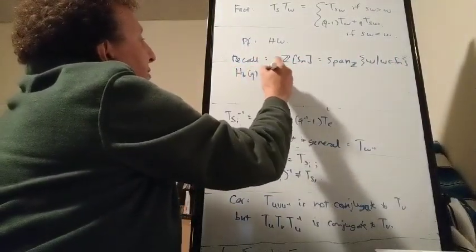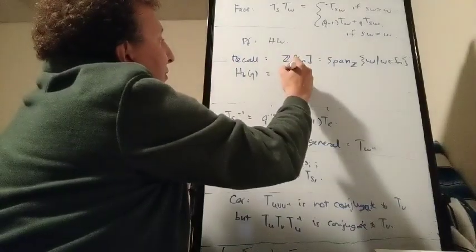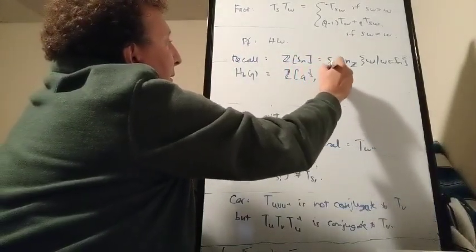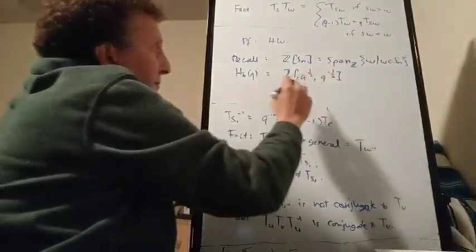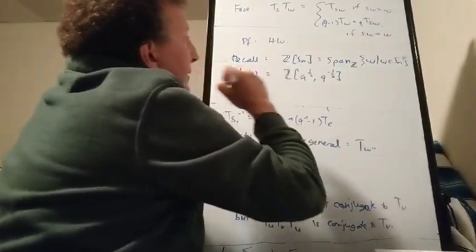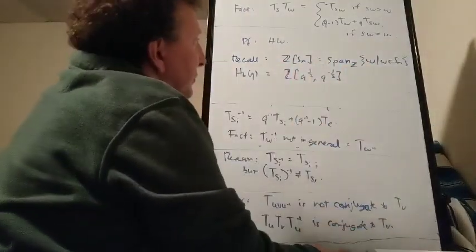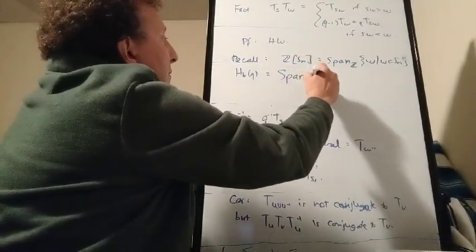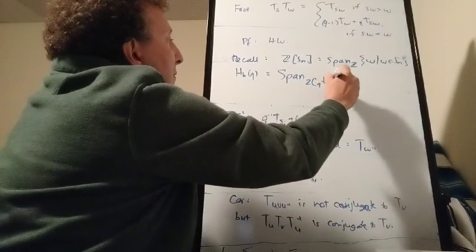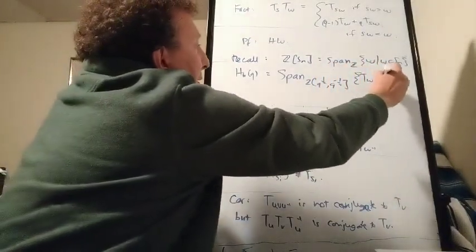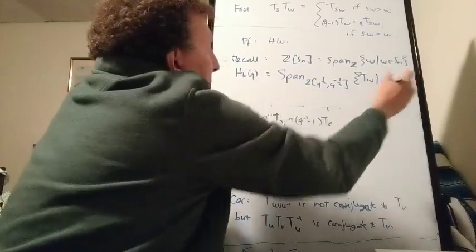In the Hecke algebra, H_n(q) equals the Z[root q, 1 over root q] span of T_w for w in the symmetric group.